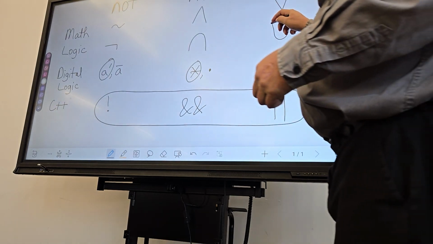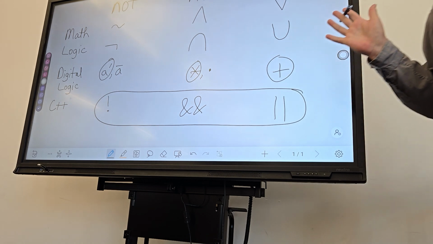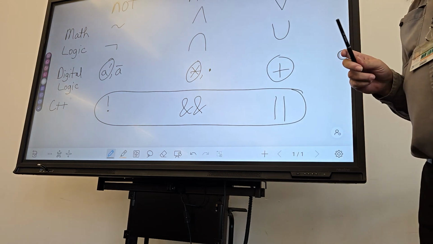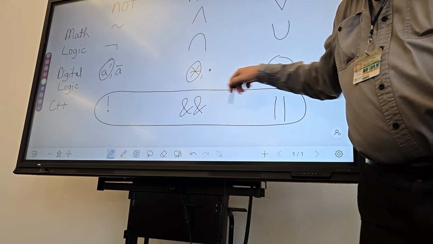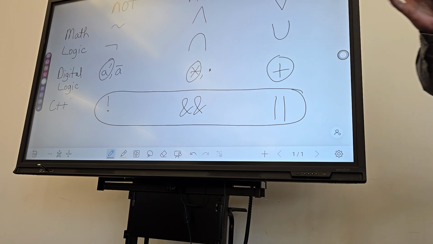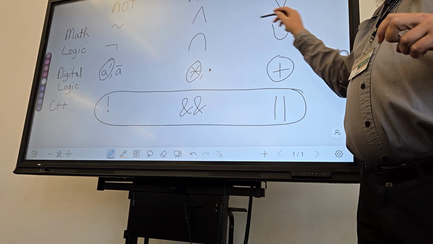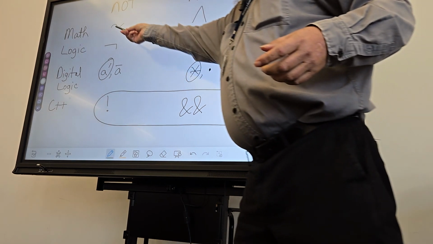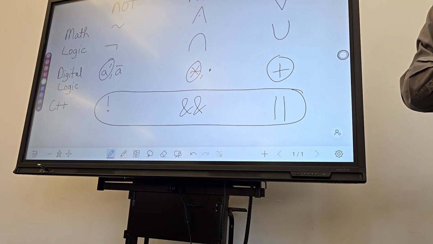These other ones, you may or may not be able to find them in Microsoft Word when you're typing up a homework. So if there's an assignment where you have to type it, and you use one of these symbols down here, I'll accept it, if you can't find the symbols up here on the top row. Although this one is on the keyboard and this one is on the keyboard, this one you might not be able to find. I haven't been able to find it yet.